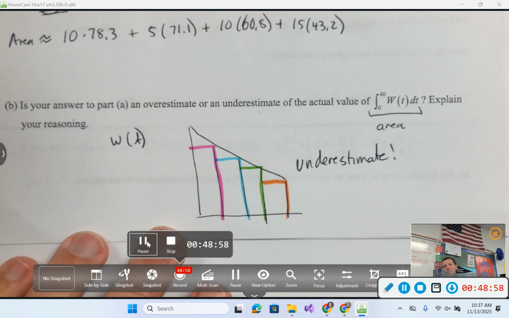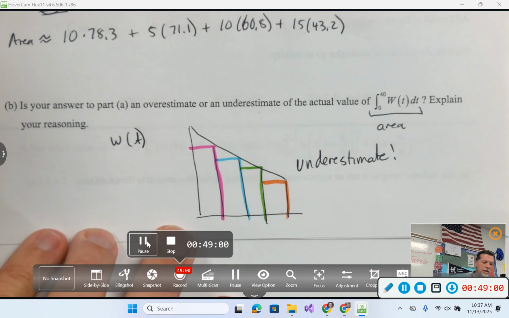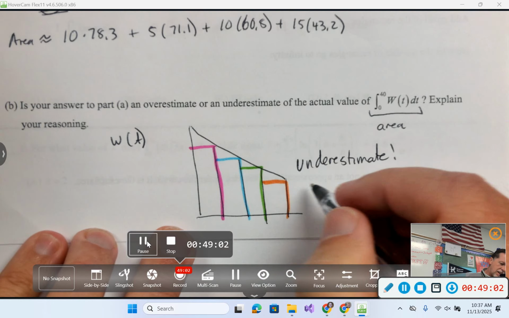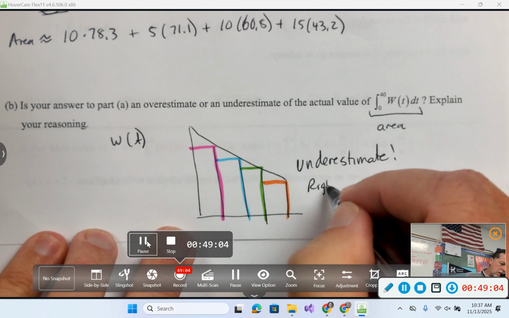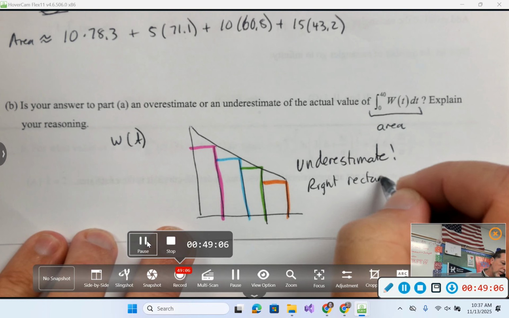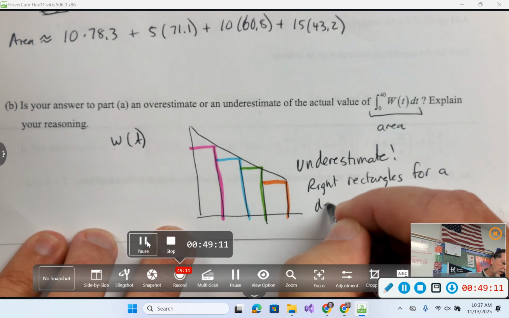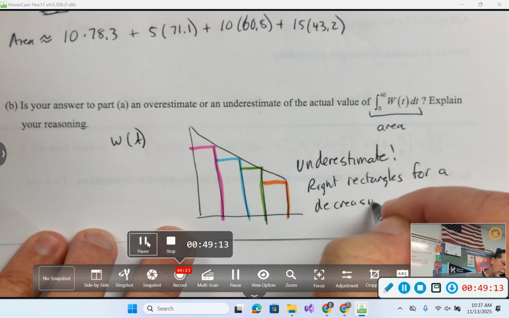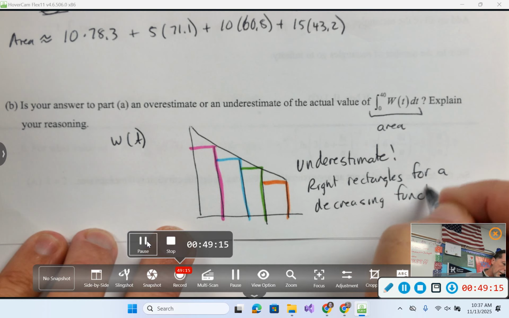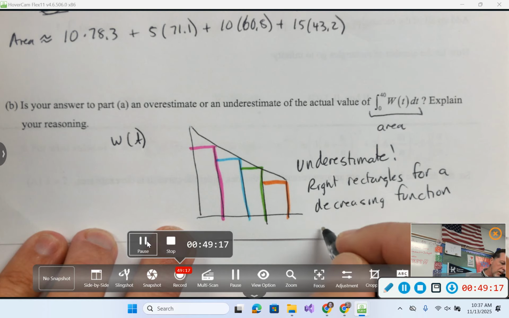And again, the reasoning on this, you can kind of just restate the problem because right rectangles for a decreasing function are always under.